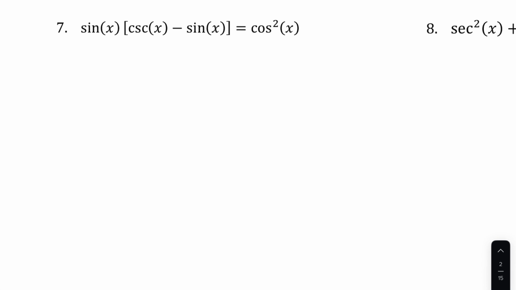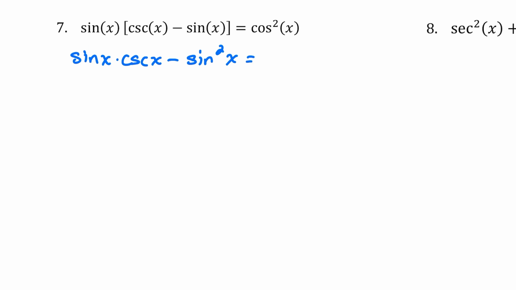All right, so here's another example. So if I distribute this out, we have sine of x times cosecant of x, and then sine times sine, which is sine squared. Well, something in the box above, you can kind of see how if you're multiplying something by its reciprocal, you get 1. And in this case, sine and cosecant are reciprocals of each other, so those multiply to 1. So that's something that you can easily do.